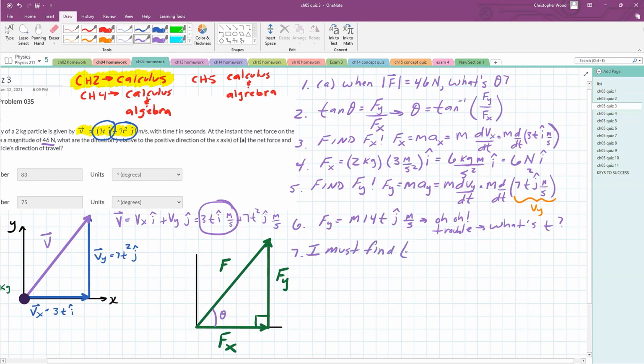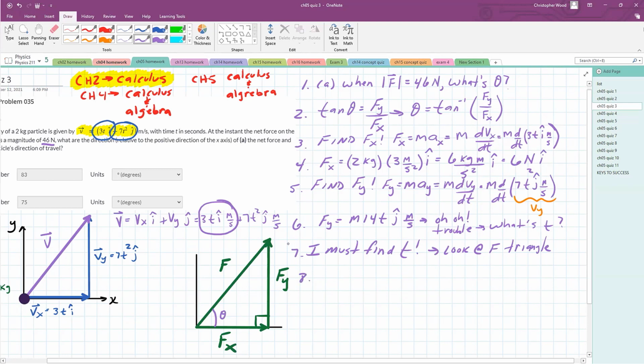I must find t. Okay, so now this is where you get creative. This is where you look at all of the work you invested in the setup of this. And I'm going to look at that force triangle that I drew there. That's catching my eye. I'm not saying I see a path. I'm just saying, hey, it's something.